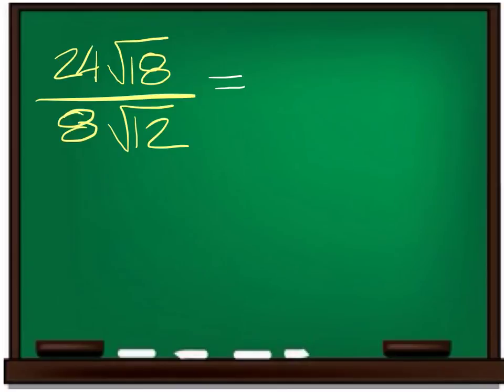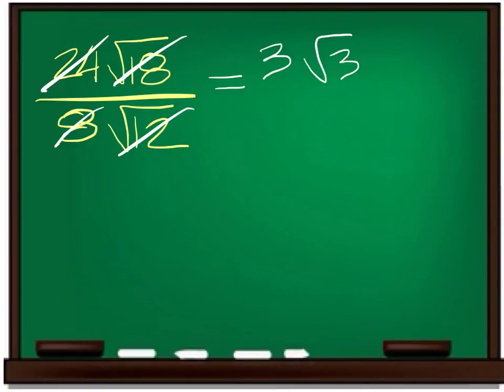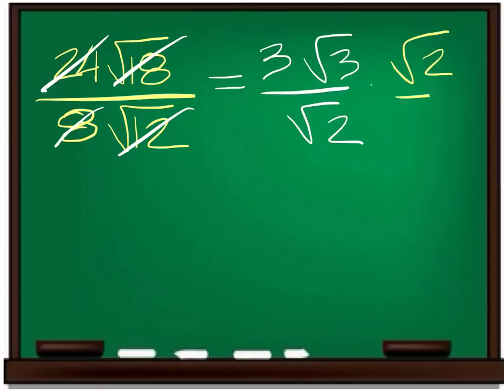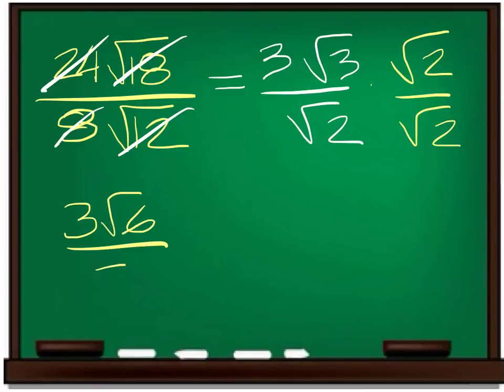Here you can simplify 24 over 8 to get a 3. Simplify these two to be square root of 3 over square root of 2. Multiply the top and the bottom by the square root of 2 to get 3 square root of 6 over 2.